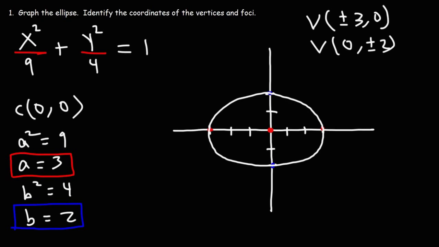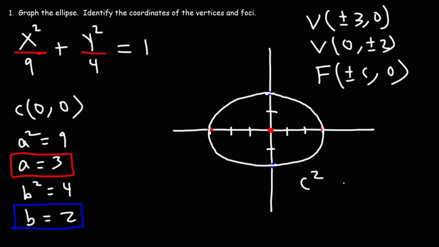Now how can we find the coordinates of the foci? The coordinates of the foci is going to be plus or minus c, 0. It's going to be along the major horizontal axis for this problem. Since a is along the x-axis, the foci will be along the x-axis as well. So we need to determine c.